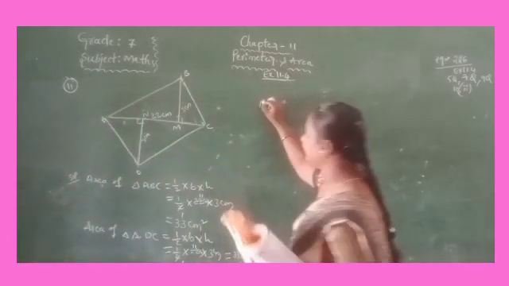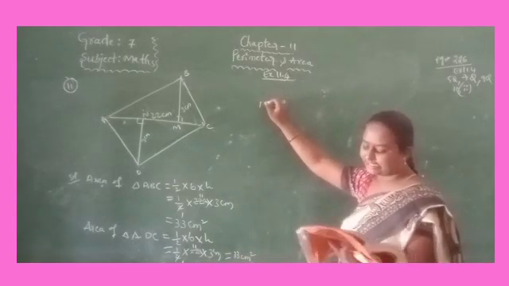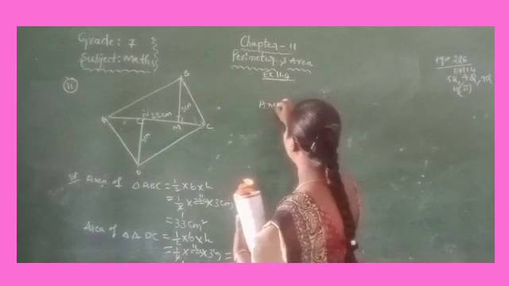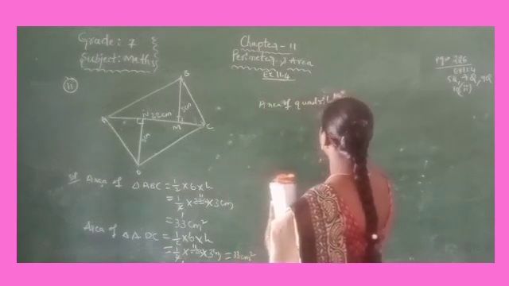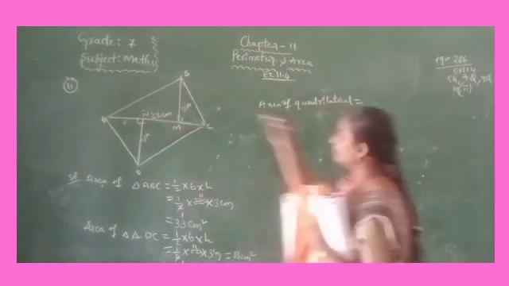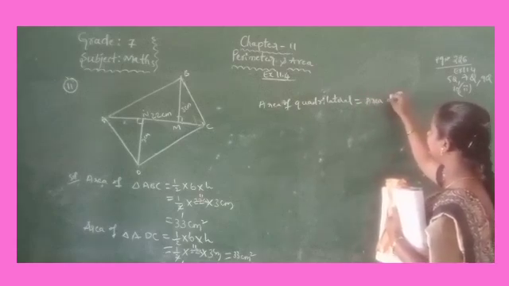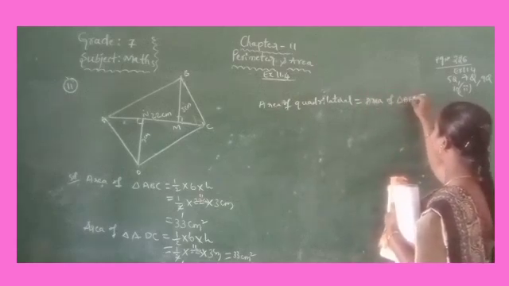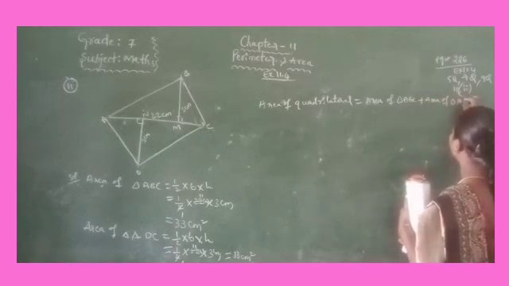Now we have to find the area of quadrilateral ABCD. Area of quadrilateral means the areas of two triangles. If you add them, then you can know the area of the quadrilateral. That is area of triangle ABC plus area of triangle ADC.